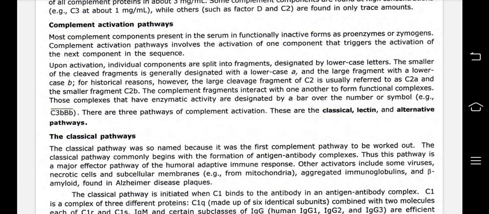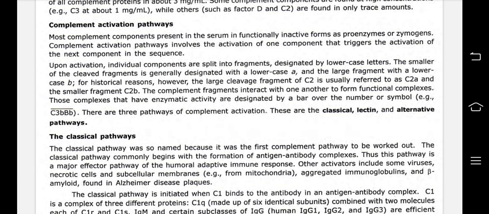There are three pathways of complement activation: classical, lectin, and alternative pathways. The classical pathway was so named because it was the first complement pathway to be worked out. The classical pathway commonly begins with the formation of antigen-antibody complexes. Thus, this pathway is a major effector pathway of the humoral adaptive immune response.